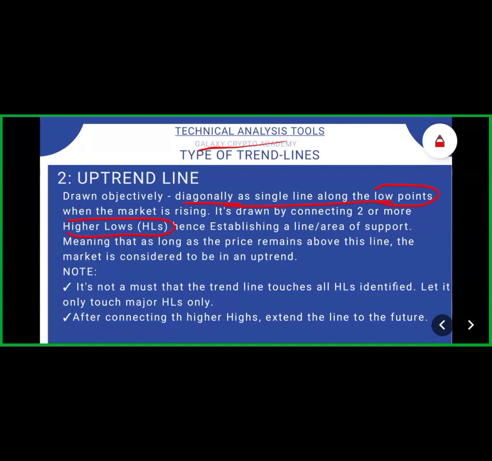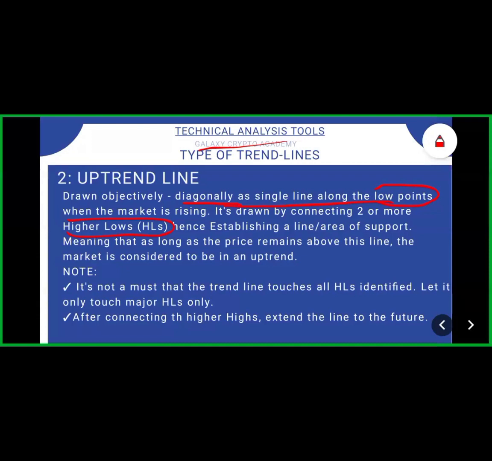Okay? So what this means is that for as long as you've already drawn this support line, it's up to you to monitor how that trend is going to continue rising. For as long as the market price of that particular coin is trading above your support line, you would have confidence that the price will continue rising.